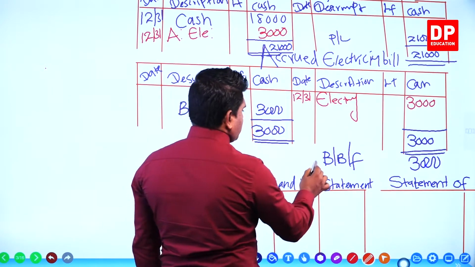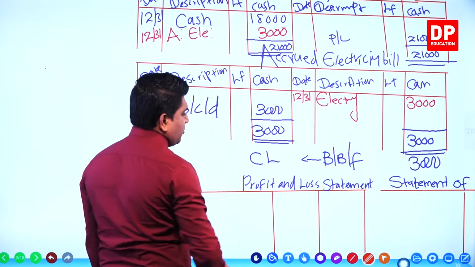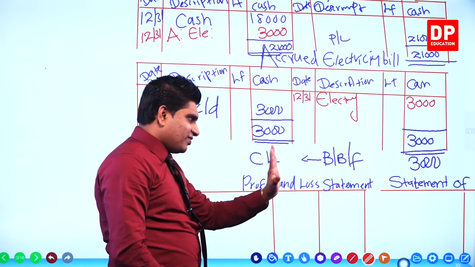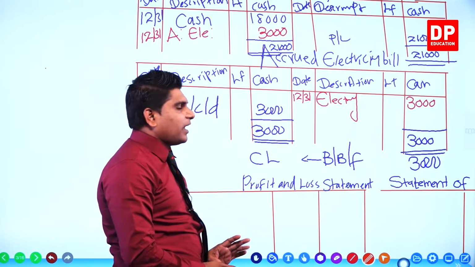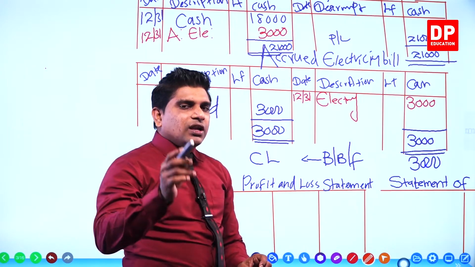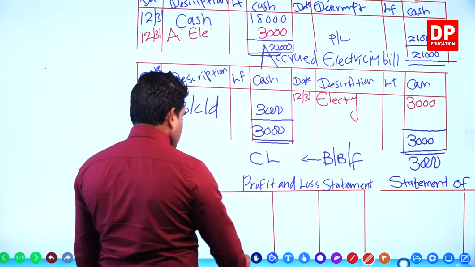Where do we record this one? Under the current liability. It goes under the current liability as accrued electricity bill of 3,000. You remember, now we have to enter the details in the general journal. Now we move to the general journal.